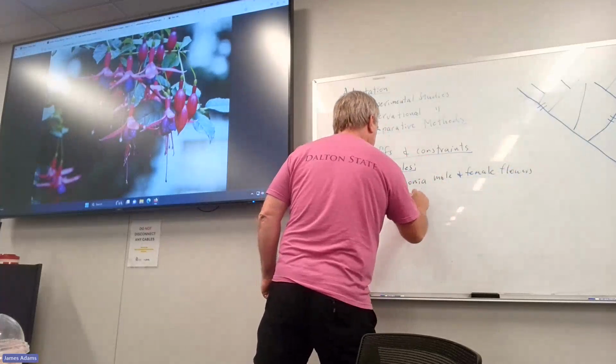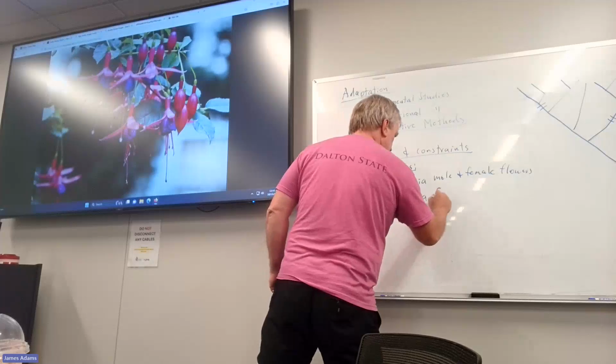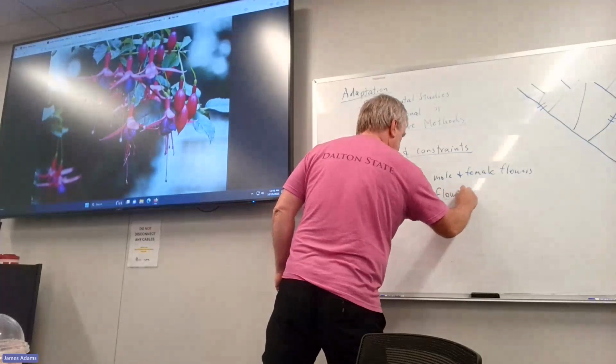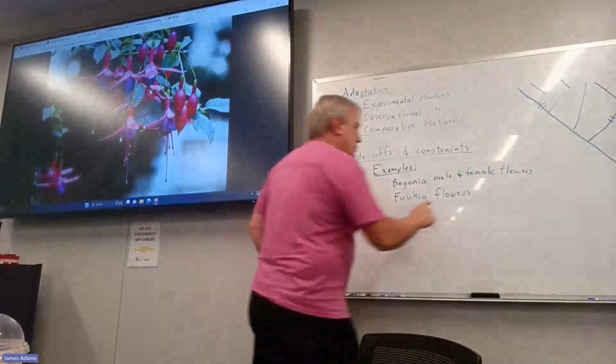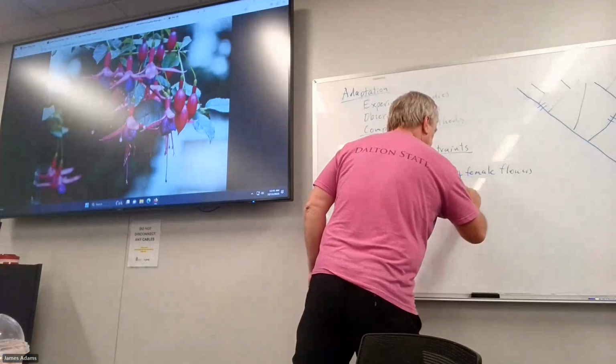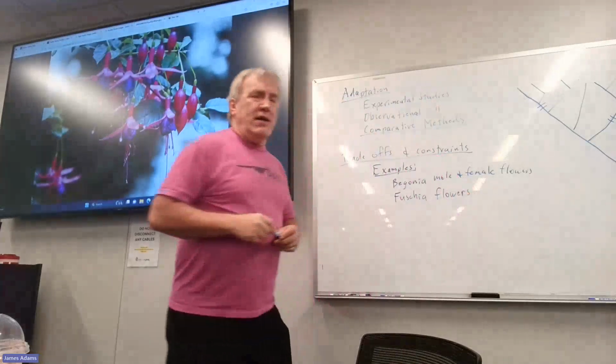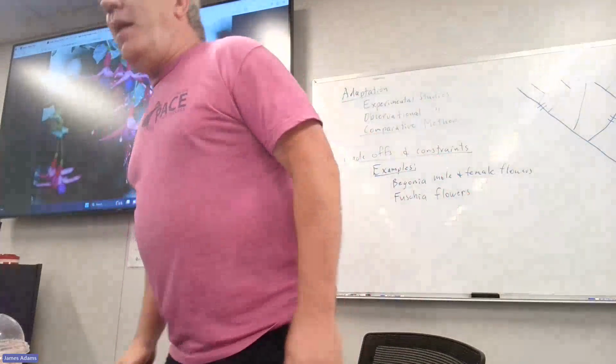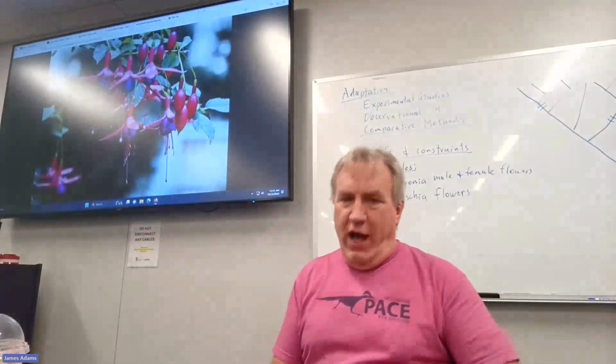And the next example I'm talking about is something called fuchsia flowers. Now, why are they called fuchsia flowers? Because they're fuchsia. Now, not everybody knows the color fuchsia. Anybody want to tell me what fuchsia is? Well, it's sort of a reddish purple, a warm purple color.